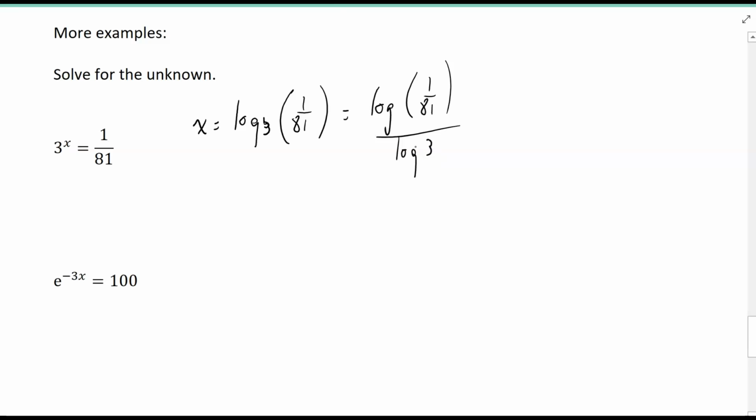And you can use fractions with your log button. So use your fraction key. Log, fraction, 1/81. Move the arrow over to punch and divide, log 3. The answer is -4.